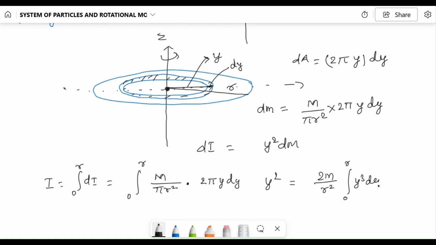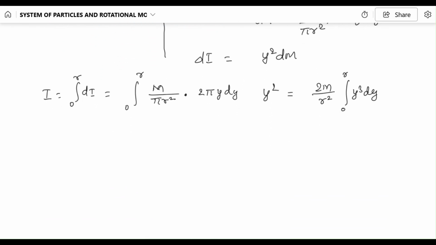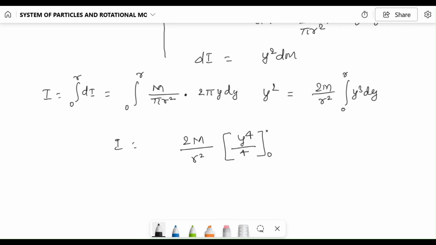If you know basic integration, you can easily say that I equals 2m by r square, and this is going to be y to the power 4 divided by 4, and limits will be 0 to R. So we can write here 2m by r square into r to the power 4 divided by 4, and minus, if we put 0 here, it will be 0. So no need to write that.